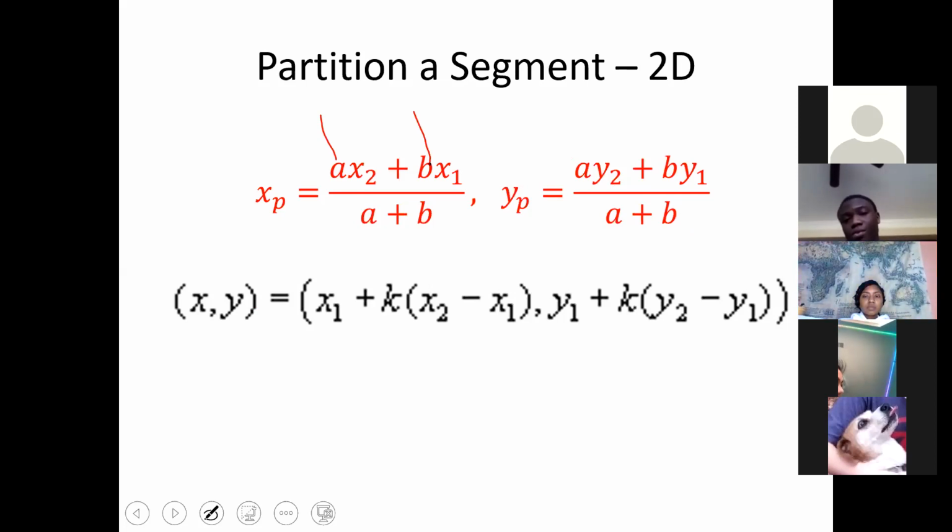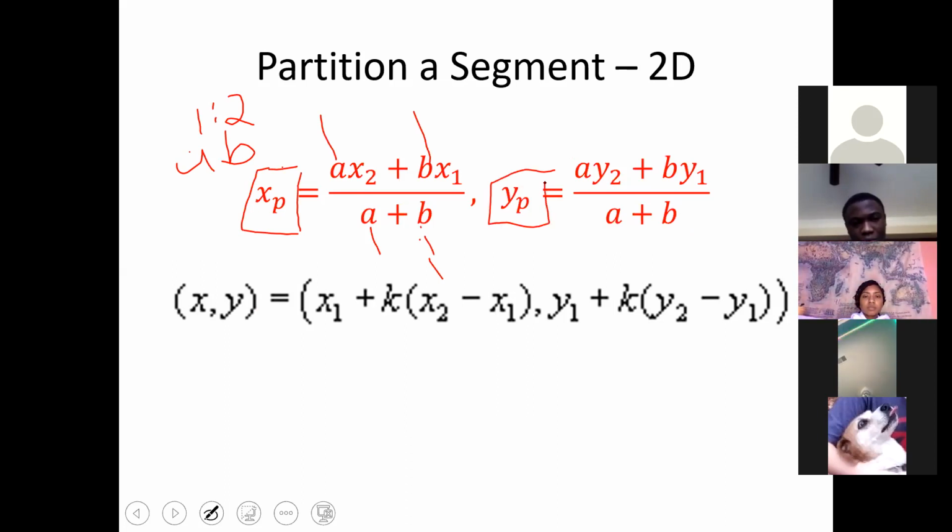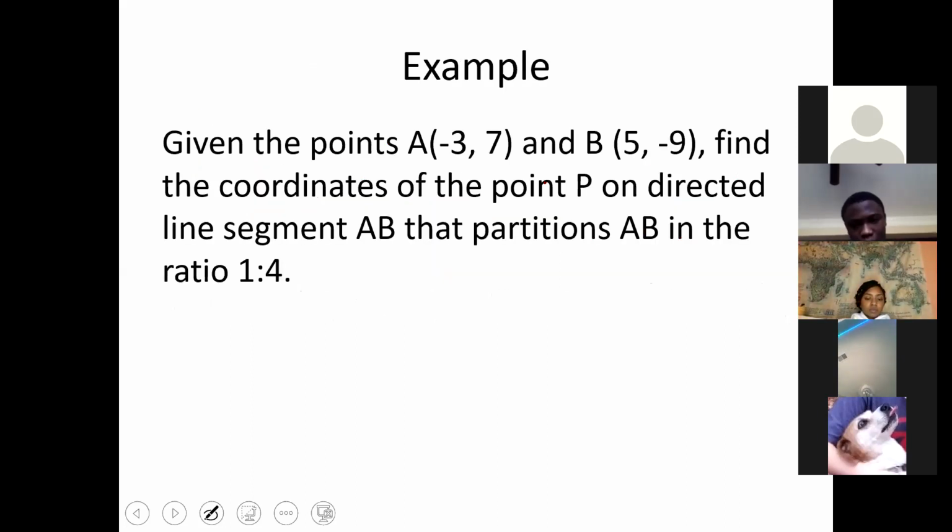So if you have a 1-to-2 ratio, A and B, and then these are just your X values between your two segments. And this is your ratio here. So if you work this out, it will give you exactly the answer. So you don't even have to draw it or graph it, of what we learned all today.